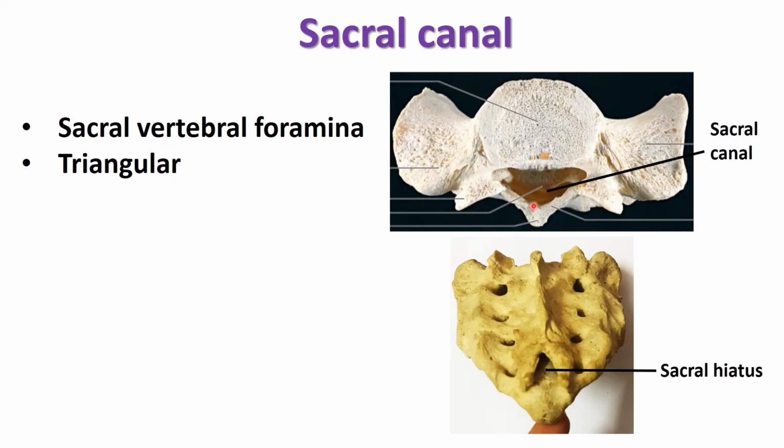Inferiorly, the canal opens at the sacral hiatus. Here you can see the sacral hiatus. And the lateral wall of the sacral canal presents intervertebral foramina through which the sacral canal communicates with the dorsal and pelvic sacral foramina.